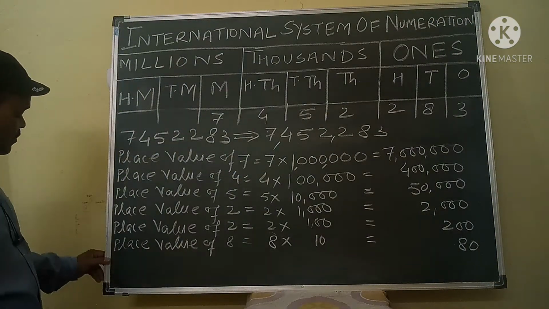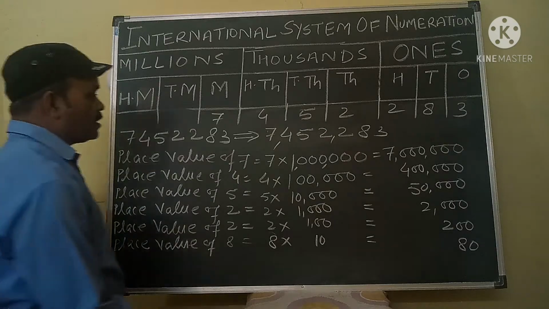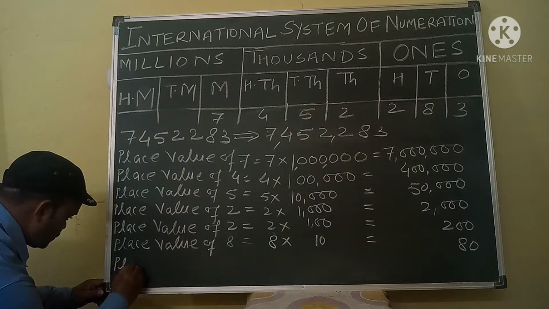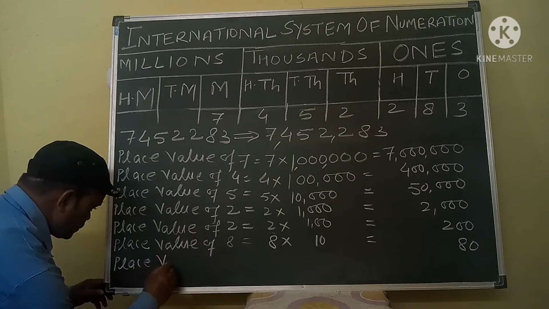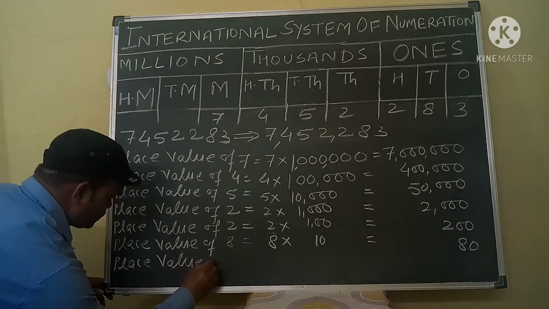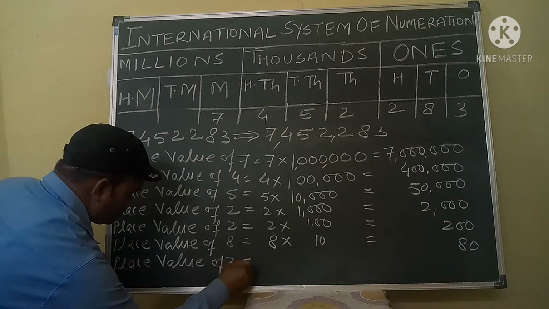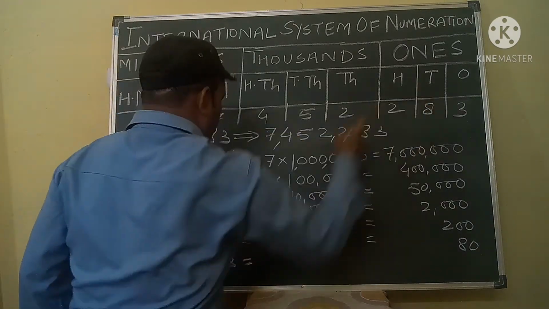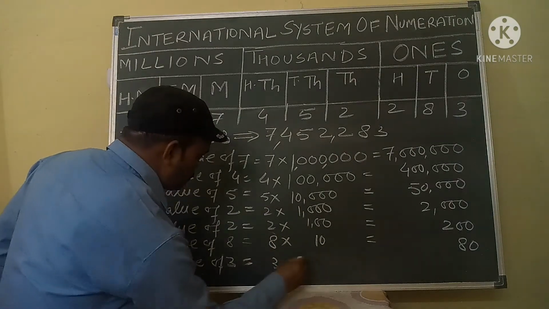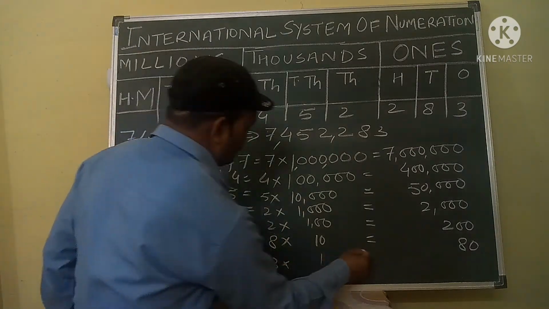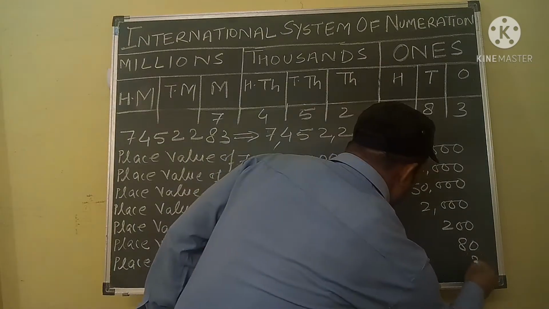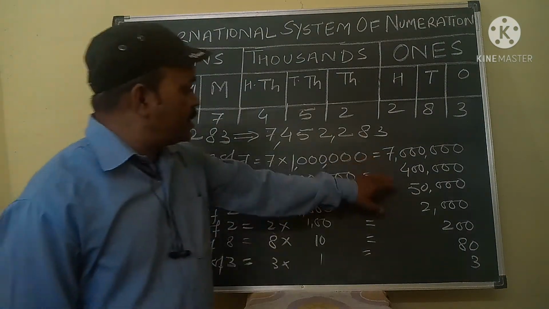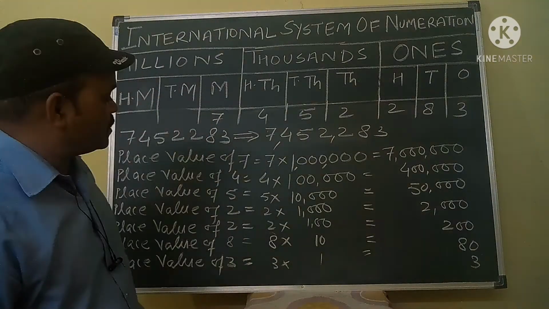Then after we will take out the place value of 3. Place value of 3. 3 is in ones place, so 3 multiplied by 1, it will give you 3. Okay. Then after we will add all these numbers.